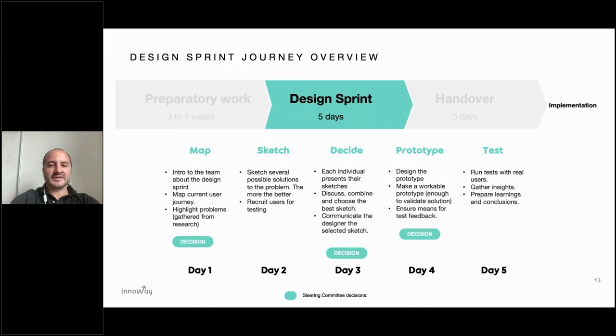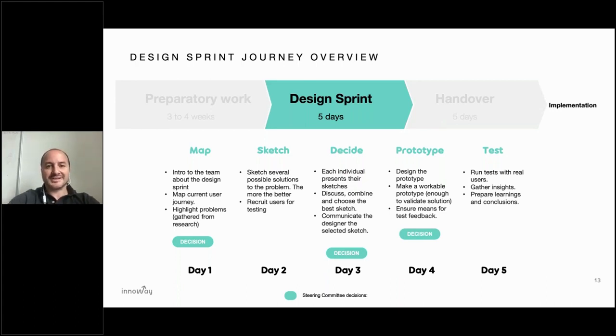During that first day, because of the preparatory work, we will bring all the customers' feedback and we will act as the customer in the room. At the end of day one, there's a decision by the stakeholders or the steering committee, whichever is the governing board that we have decided.